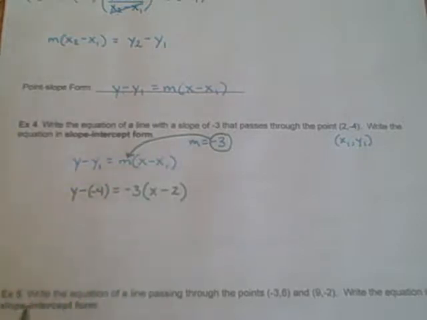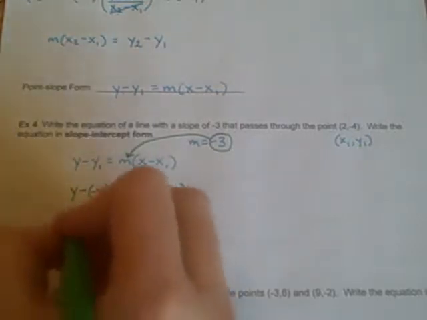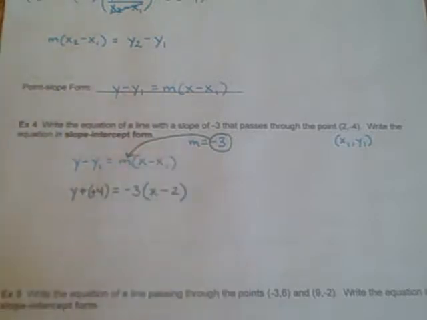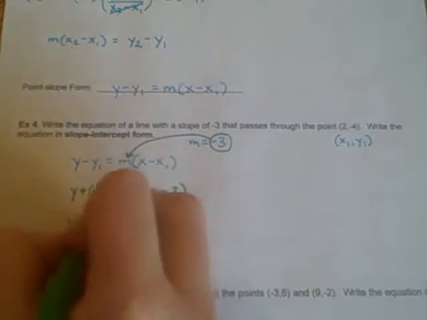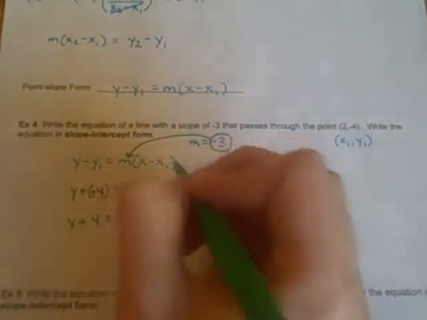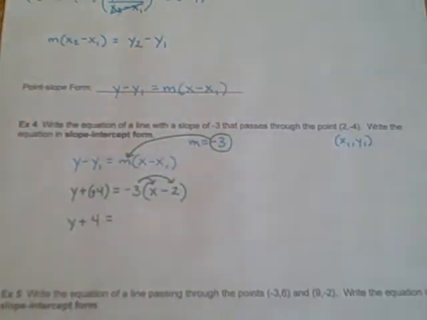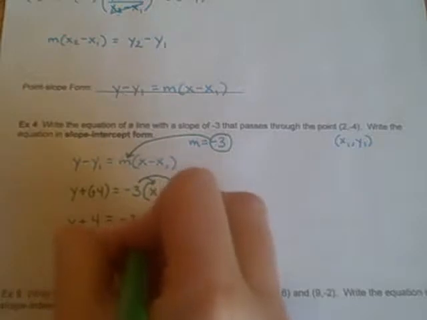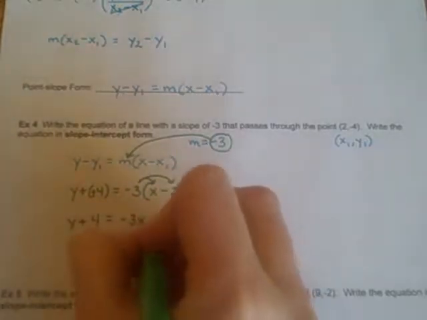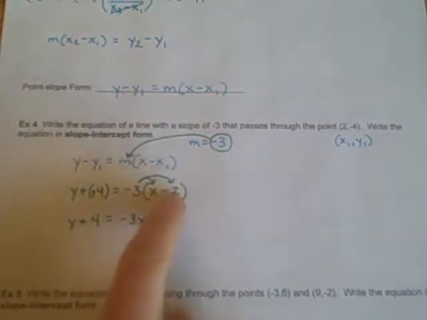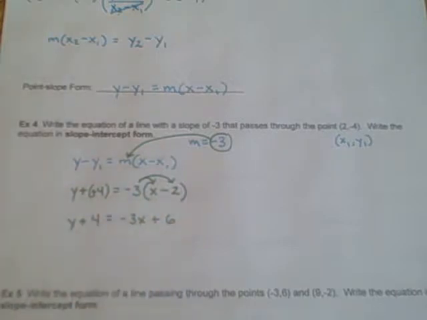All right, so we can make this look a little bit nicer here. That's going to become a positive, so y plus 4 on the left. On the right, I'm going to go ahead and distribute this -3. So that becomes -3x plus 6. -3 times -2 is +6. Okay, now this almost looks like slope-intercept form.